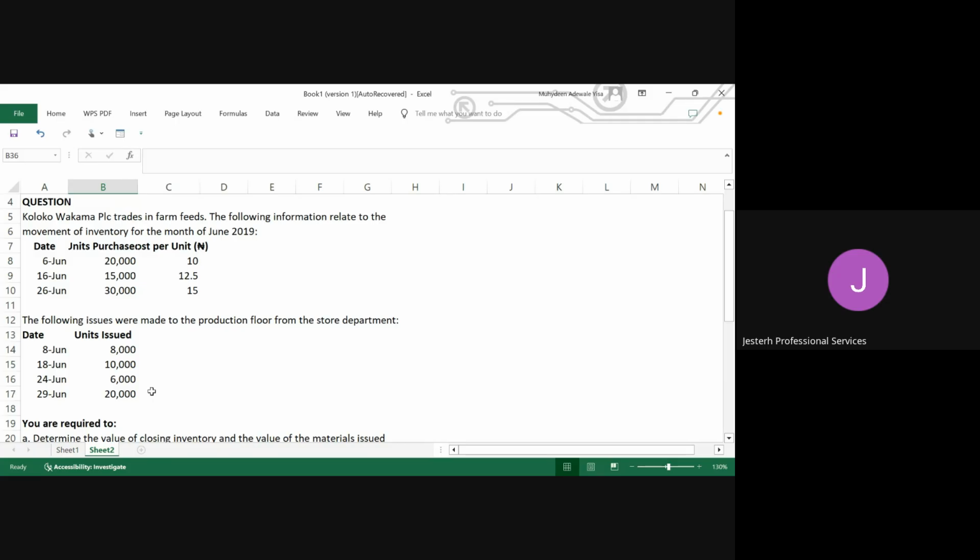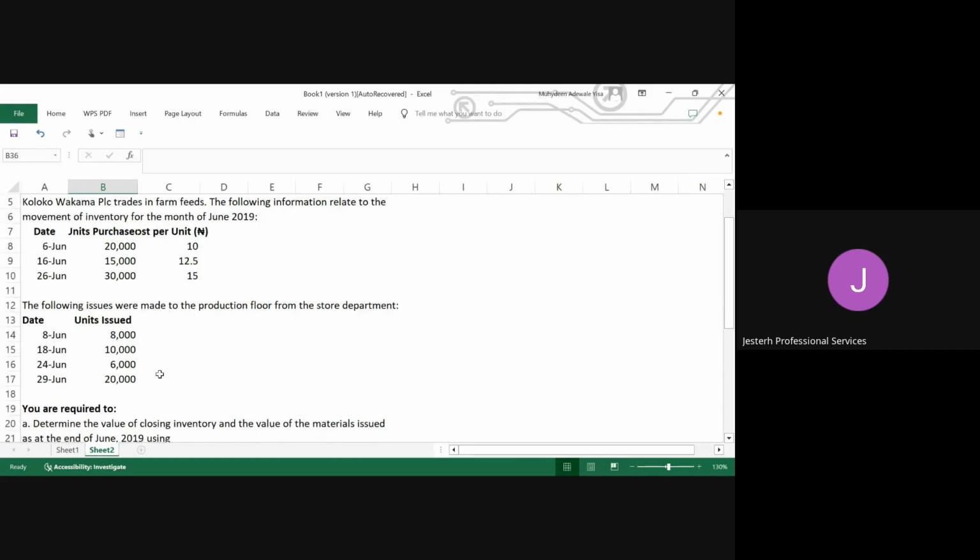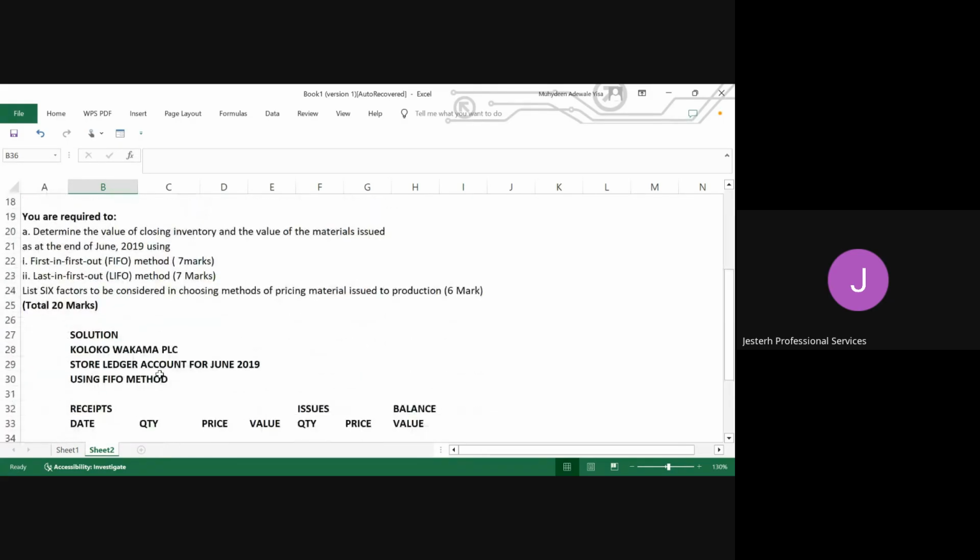But in these questions now, we are not given open inventory. So in the question where you are not given open inventory, you just go to the streets and then you pick the first purchase they make during that period. The first period here, on the 6th, they purchased 20,000 at the rate of 10 naira.